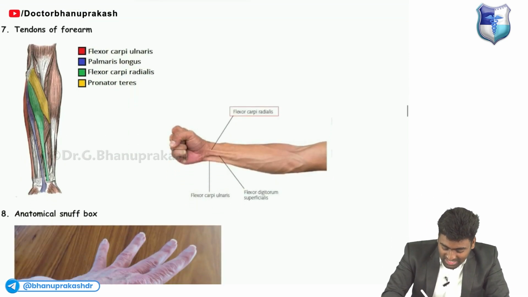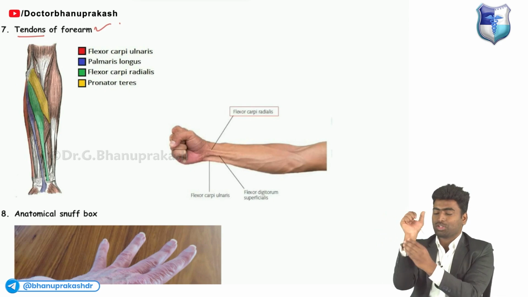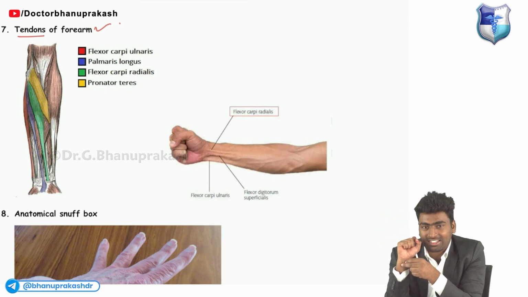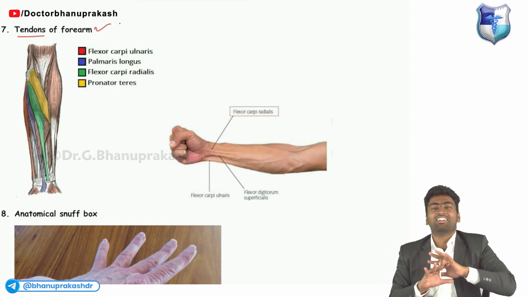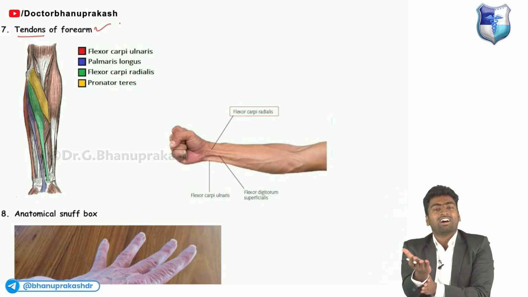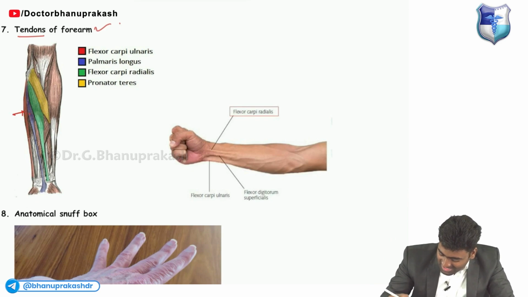Then about the tendons of the forearm, they will show a flexed hand and ask you which of the following tendons this is. Sometimes it can be a bit confusing, so you need to know these tendons. Ulnar means the muscles on the medial aspect. So the tendon on the most medial aspect is the flexor carpi ulnaris.